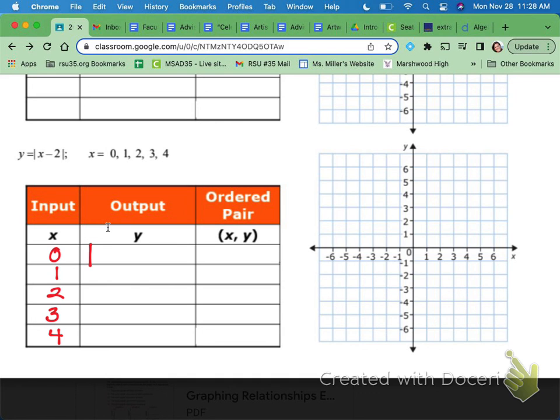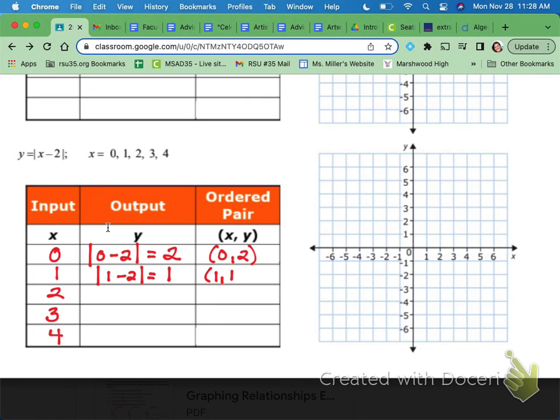The absolute value of 0 minus 2. What is 0 minus 2? And the absolute value of that is positive 2. So we've got 0, 2. Do it for 1. The absolute value of 1 minus 2 is -1. Absolute value of that is positive 1.